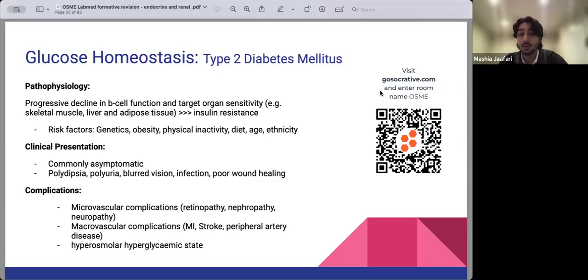So you get microvascular complications and macrovascular complications. Microvascular relates to obviously small vasculature. That's the vasculature in your eyes causing retinopathy, vasculature in your kidneys causing nephropathy, and vasculature supplying your neurons causing neuropathy. Or you can get macrovascular complications, which is your stroke, your myocardial infarction, your peripheral artery disease.